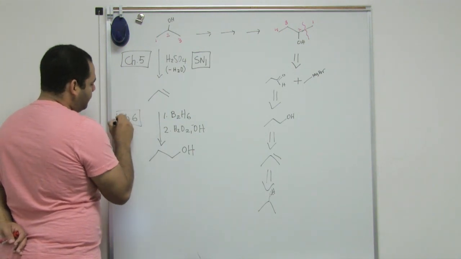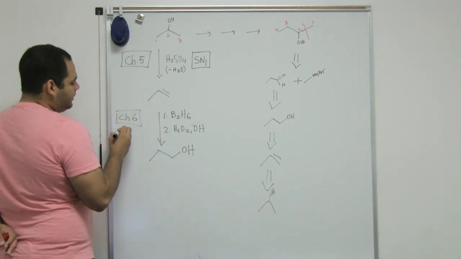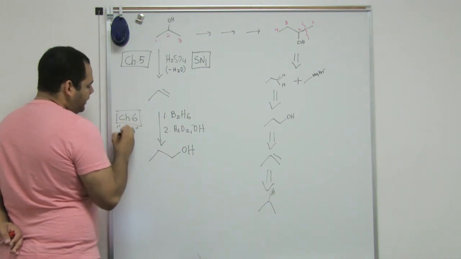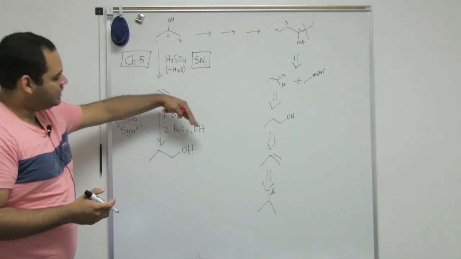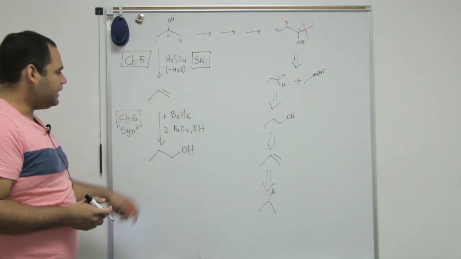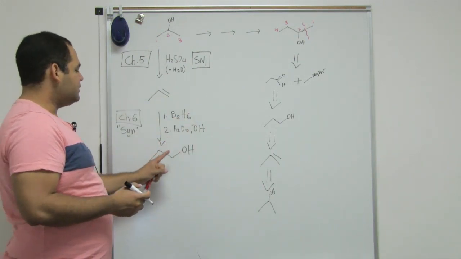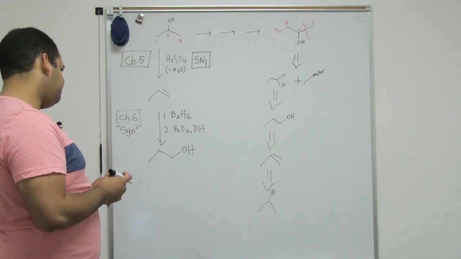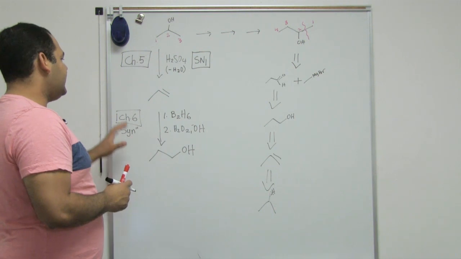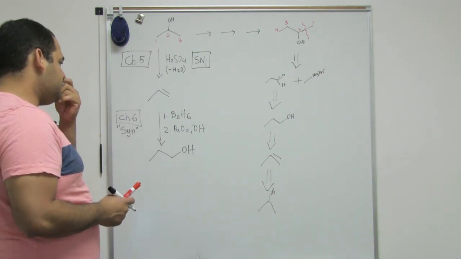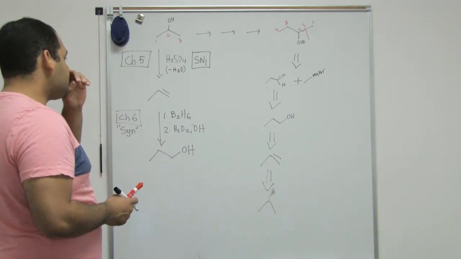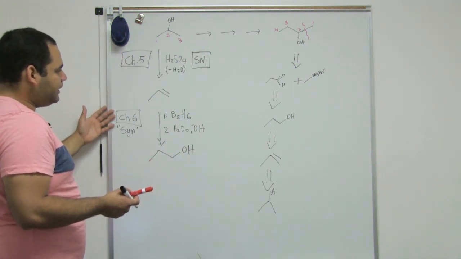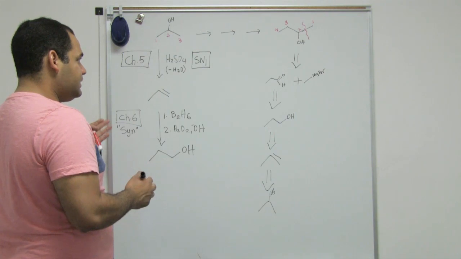It's an addition of OH, and I know that it is a syn addition, meaning my H and my OH are added from the top or from the bottom side. I need a peroxide, so it will be added anti-Markovnikov. This is a reaction from chapter 6, as we talked about earlier. So if you remember 351, chapter 5 and chapter 6.